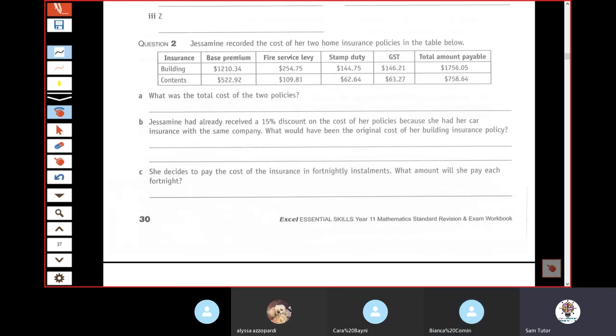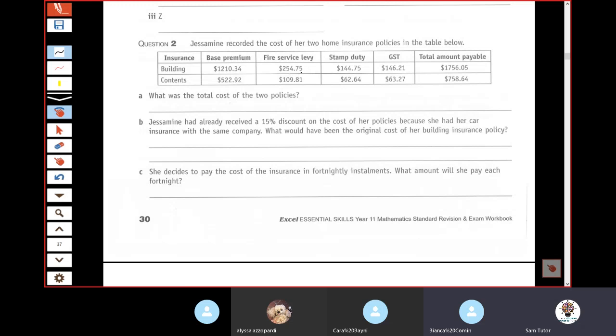Now, there's also this fire service levy. It's just so that in the event that you need to pay for damage done by fire or anything like that, and you need the fire brigade, there's a levy there that everybody gets charged. So if there is a situation when your house has been burnt down, they can use that amount to actually pay you your insurance amount.